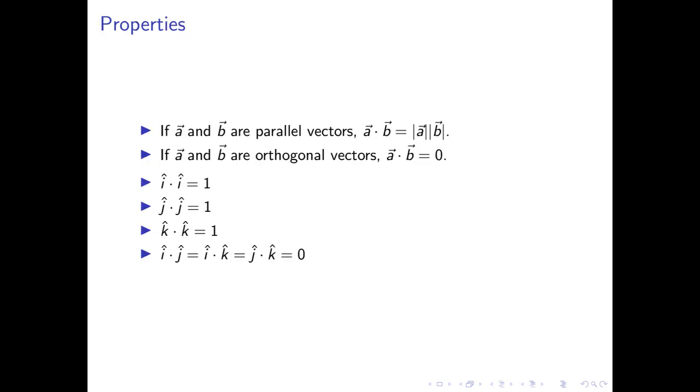Scalar product has the following properties. If you have vector A and vector B to be parallel vectors, then you have the dot product between them to only be the multiplication of the magnitude between the two vectors. Let's just quickly see how that is true.